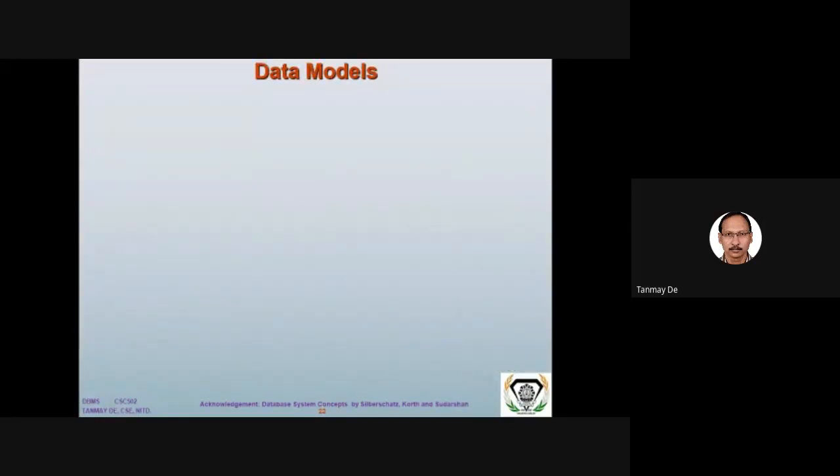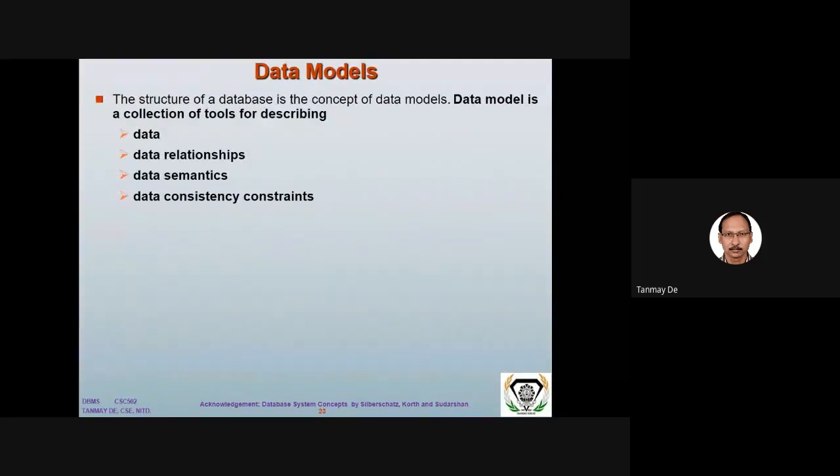Now we want to talk about data models, but it is a long portion. So, what is a data model? The structure of a database is the concept of a data model. That is, by using data models, you can describe the structure.